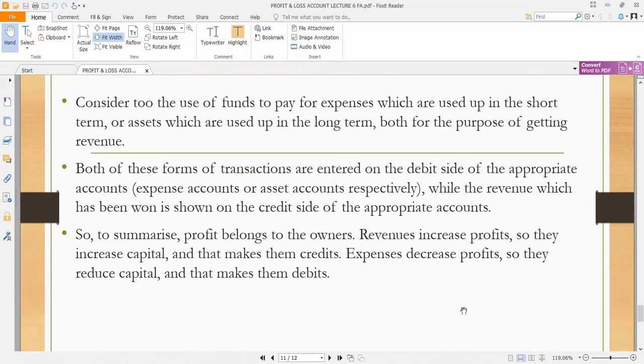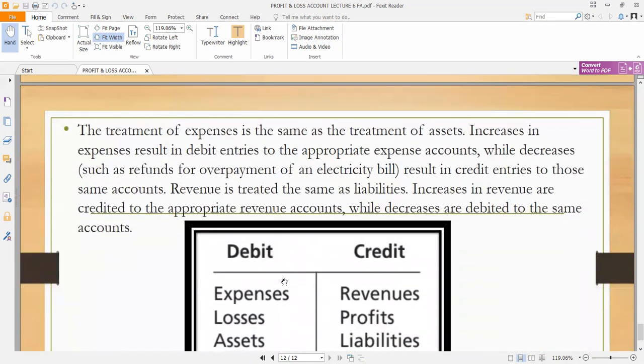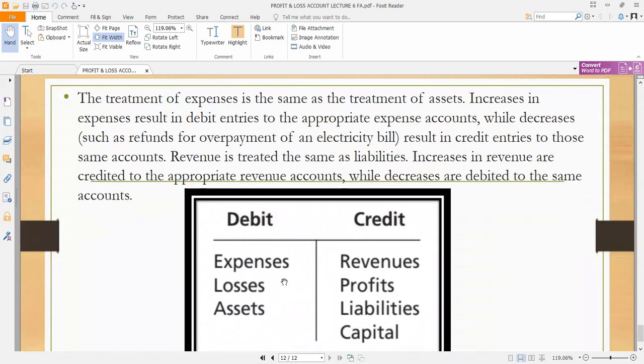To summarize all that, profit belongs to the owners. That is clear. Revenues increase profit, so they increase capital, and that makes them credits. Expenses decrease profit, so they reduce capital, and that makes them debits. So the treatment of expenses is the same as the treatment of assets.